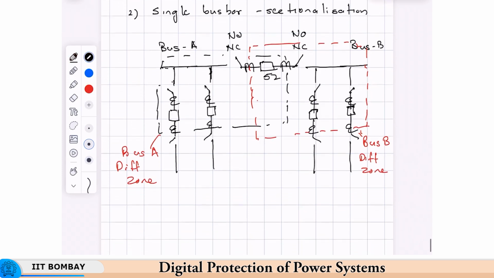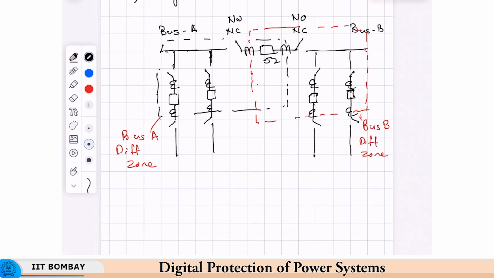So, the next type, now here also you notice there is some redundancy. If there is a bus fault on this section, say on this section here, then this section can be taken out by this bus differential protection, but at least you have this bus A available.